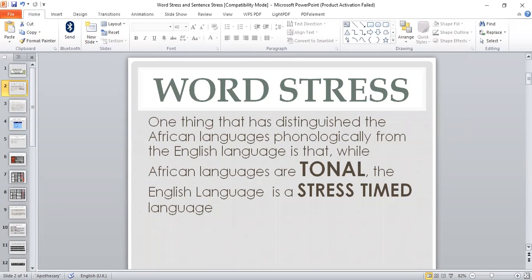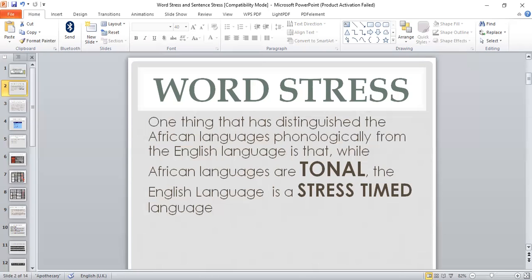In the English language, a word can consist of several syllables. You could have a one-syllable word, a two-syllable word, a three-syllable word, and multiple-syllable words.